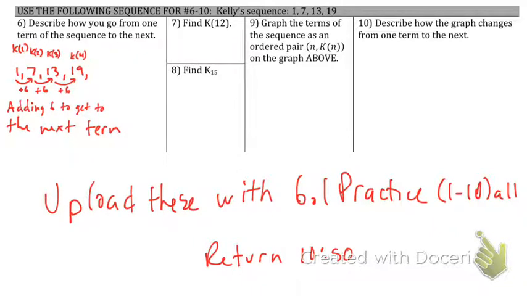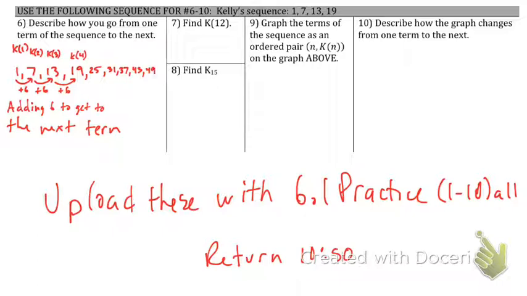So 19 plus 6 gives me 25. 25 plus 6 is 31. 31 plus 6 is 37. 37 plus 6 is 43. 43 plus 6 is 49.